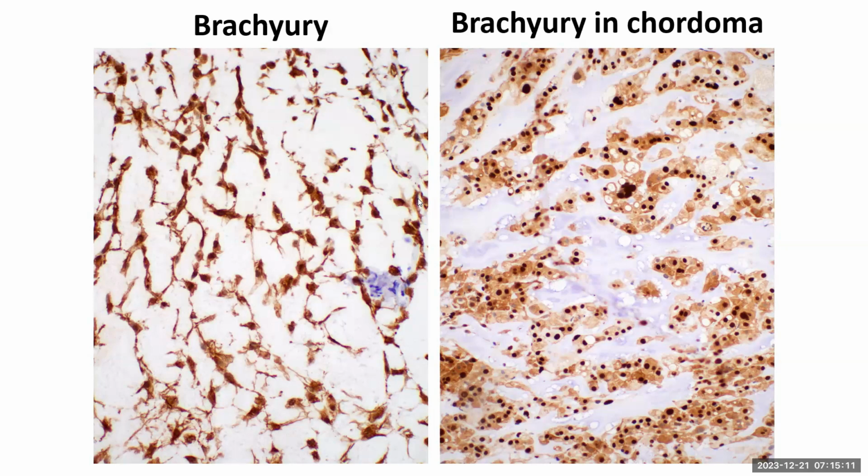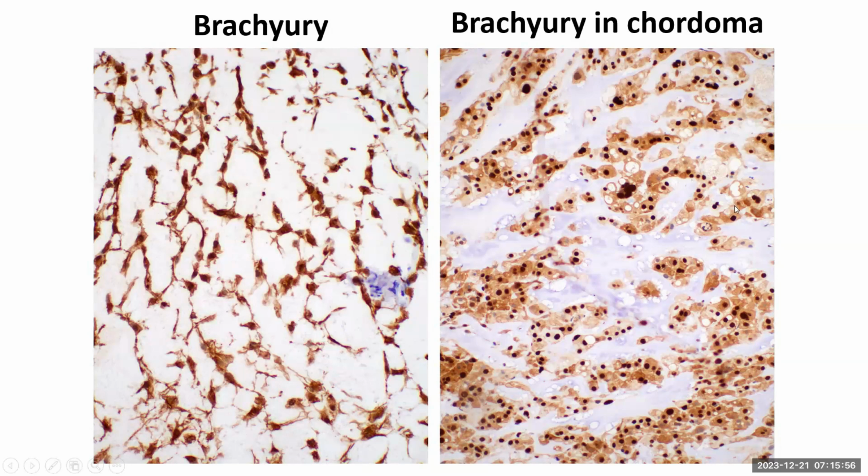Chordoma has these bubbly cytoplasm, physaliferous cells, so-called physaliferous cells, and round nuclei, and these clusters and cords of cells within a myxoid matrix, as opposed to chondrosarcoma, which has a completely different morphology on the left side, more elongated cells, and definitely does not have the bubbly appearance of individual cells, where you see that bubbly physaliferous appearance on the upper half, especially onto the right side.